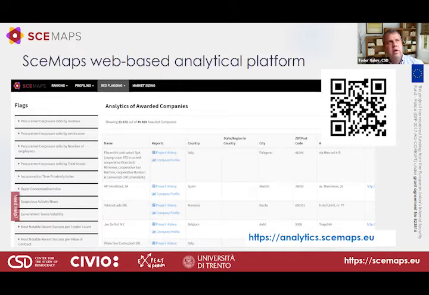To apply this methodology, we developed this web-based analytical platform, which is free for use, but it requires a registration, and which offers several interactive features for doing some analysis.